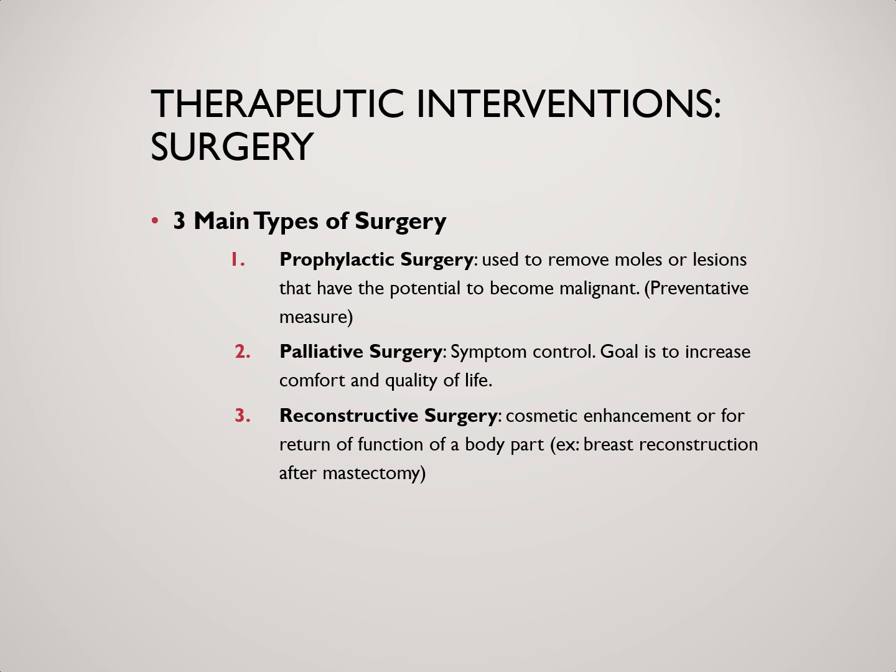So the surgeon may go in and excise or cut out that large tumor just to relieve some of that pressure on those nerves, therefore decreasing the pain and making the patient more comfortable. Although they know it's not going to cure that patient's cancer, the overall goal for that surgery is palliative in nature, symptom control, making them comfortable.